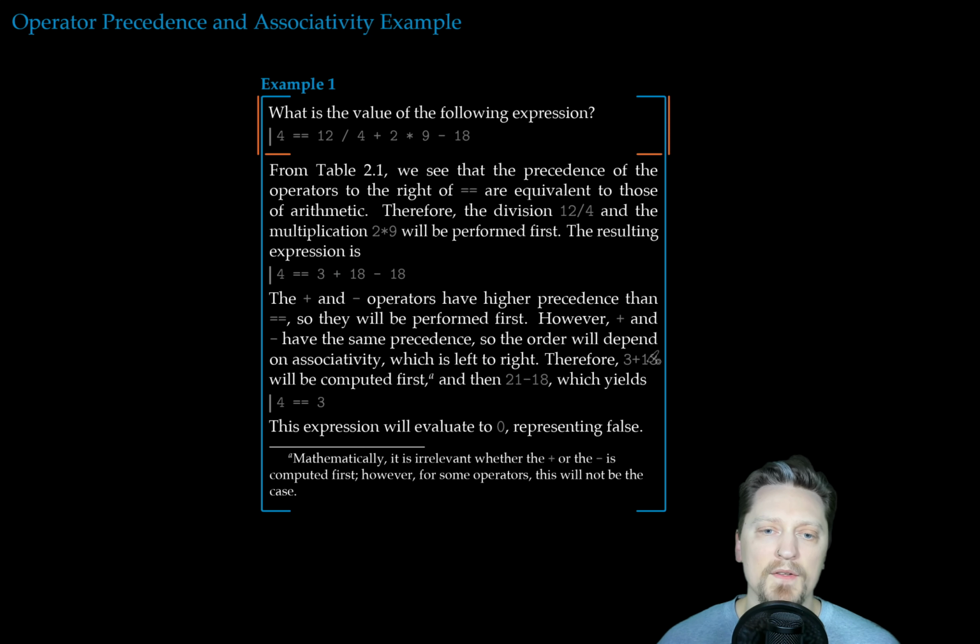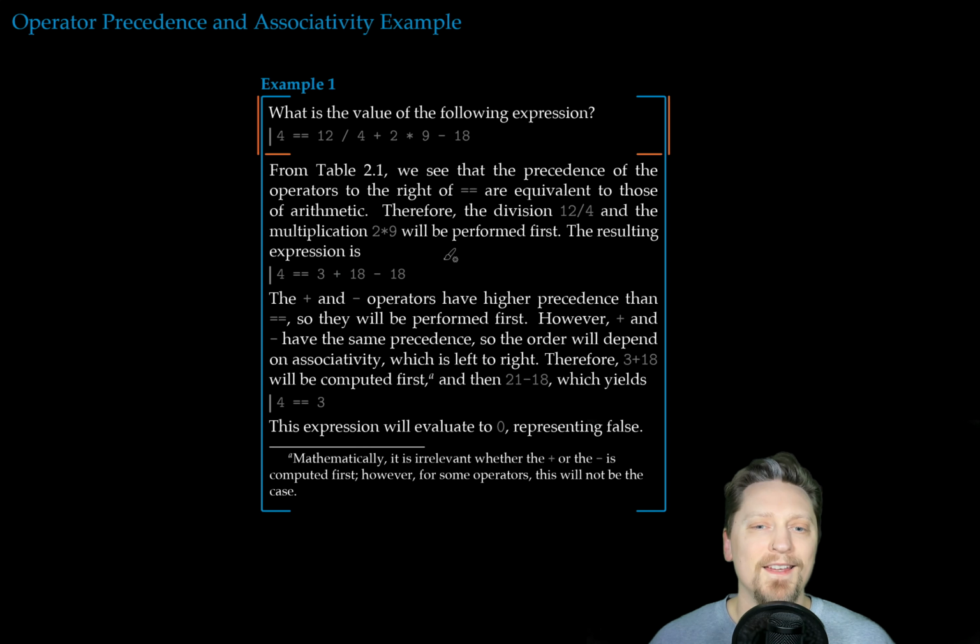Therefore, 3 plus 18 will be computed first, and then 21 minus 18, which yields 4 equals 3, which is of course false. This expression will evaluate to 0, representing false. And the footnote just observes the fact that for this problem, whether the associativity of plus and minus is left to right or right to left has no impact on the result.